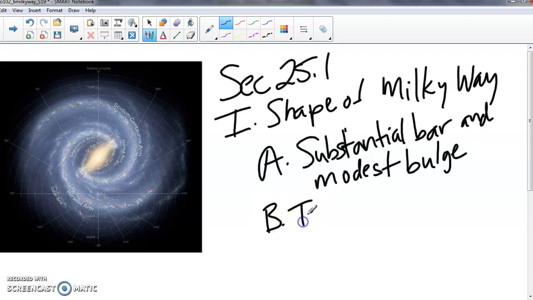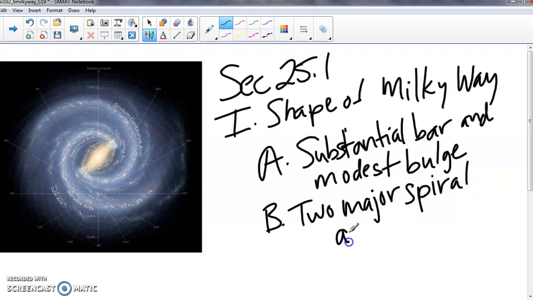We have two major spiral arms and some little smaller things, and of course a flat disk. So you can see the major arms here, the Scutum-Centaurus and the Perseus arm, with some smaller things in between. So there's our Milky Way, a giant barred spiral.